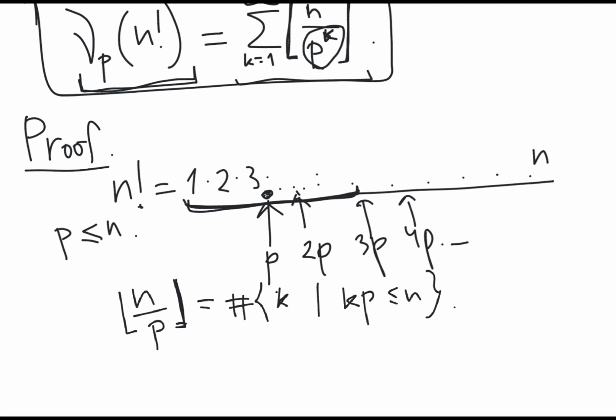The number of such items is exactly the floor of n over p.